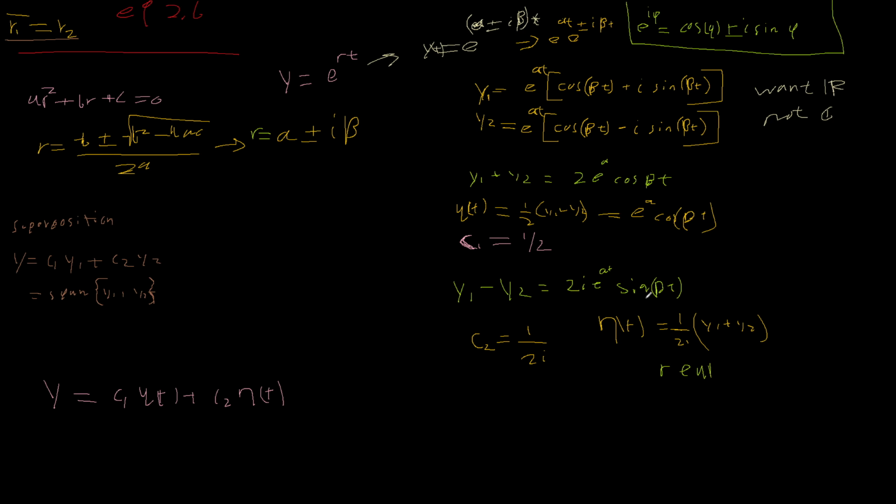When we divide by 2i, this becomes, I didn't finish writing it out, e to the alpha t sine beta t. So we get y equals c1 mu t plus c2 eta t, and this actually just becomes e to the alpha t times c1 cosine beta t plus c2 sine beta t.